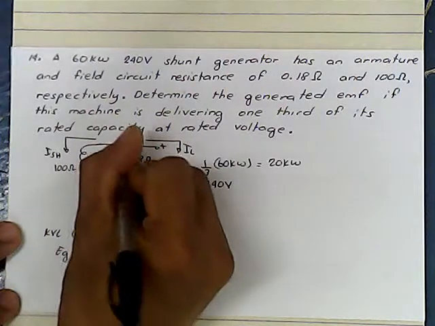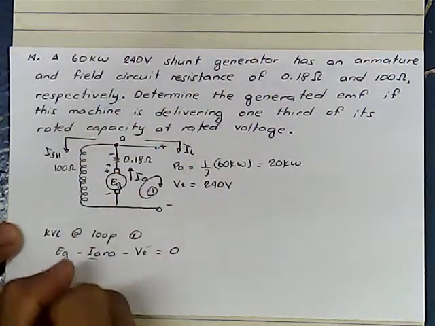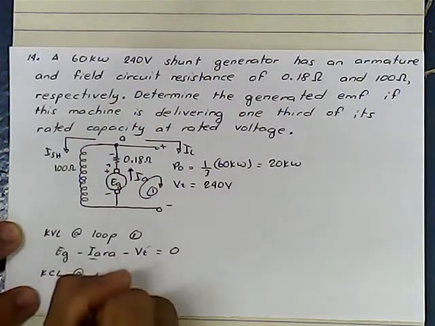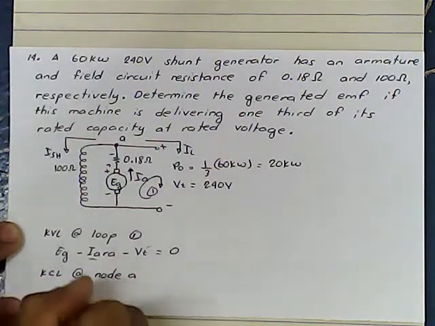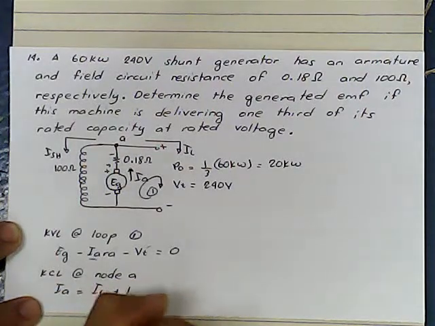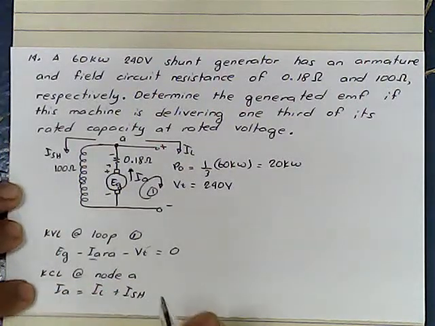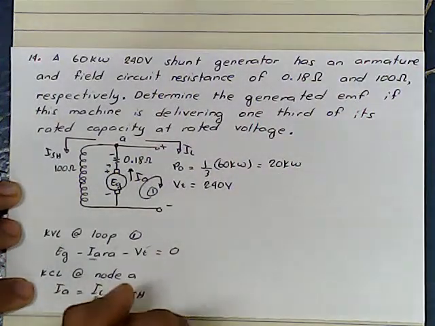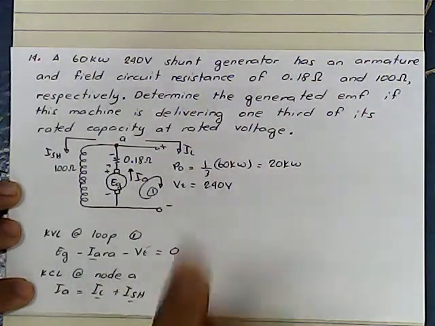In order to do that, let's have Kirchhoff's current law at node A, which is IA is equal to IL plus ISH. Next, kunin natin muna yung IL and ISH.